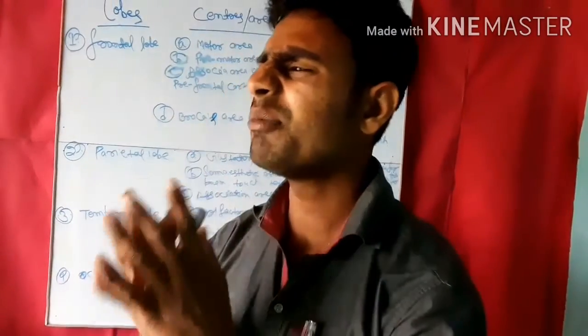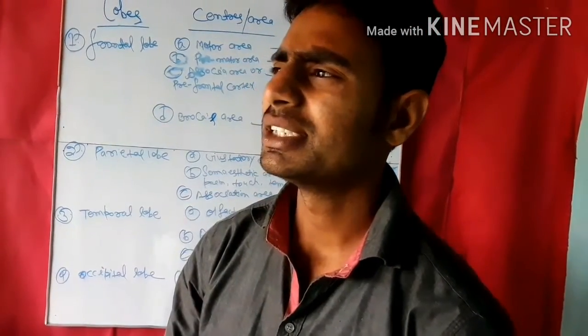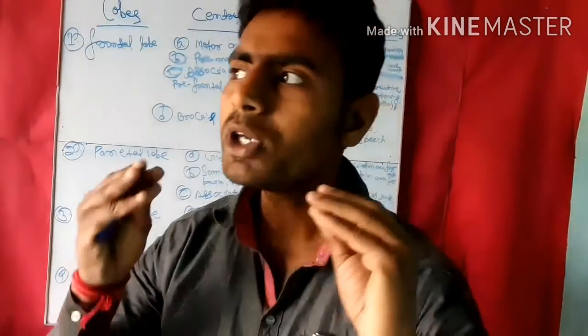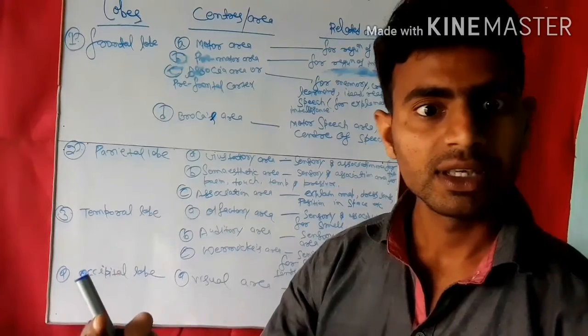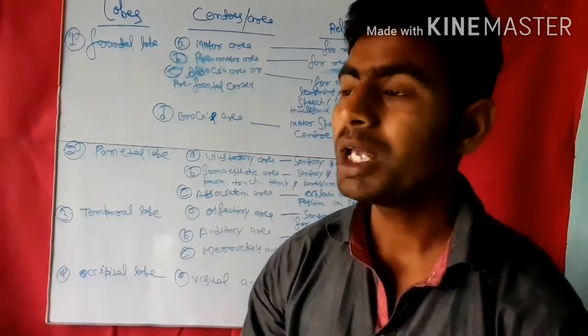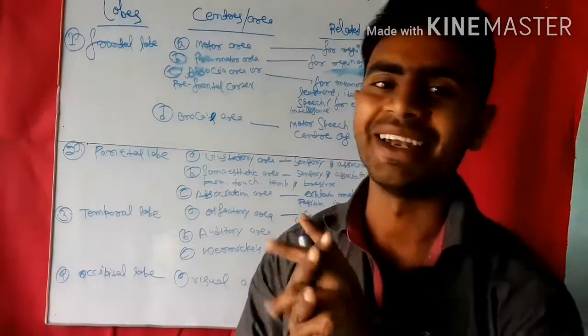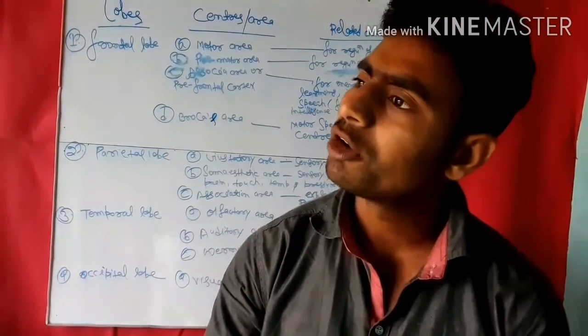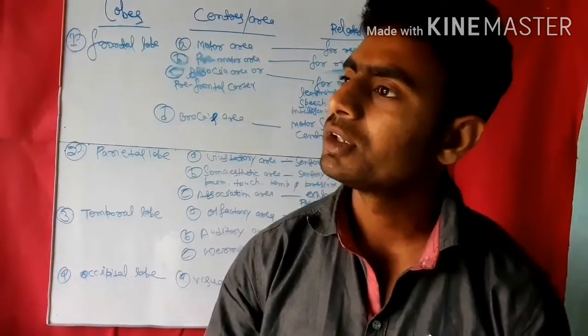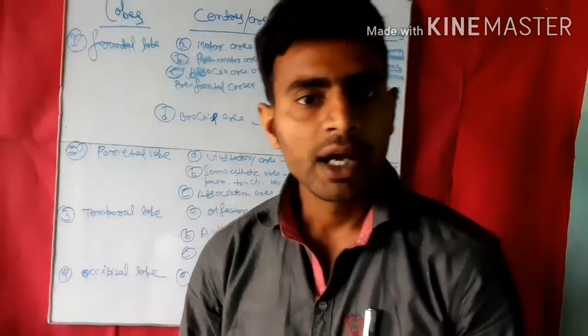Which type of smell is this? This means if you sense the type of smell, that this is a good smell, this is a bad smell, this is the smell of these vegetables, this is the smell of this agarbatti.